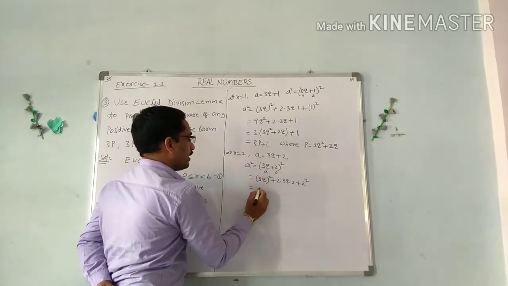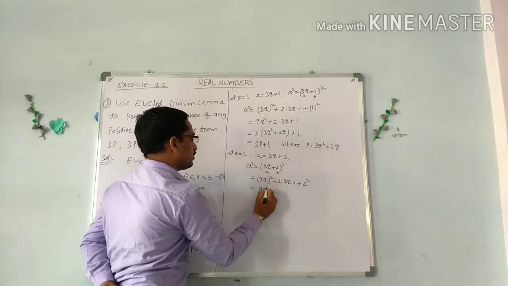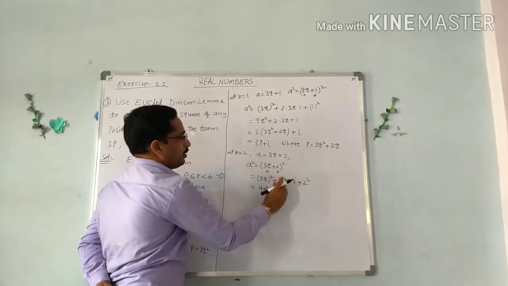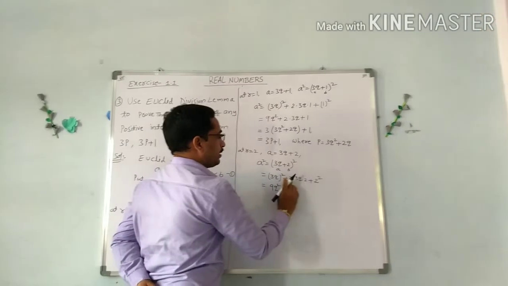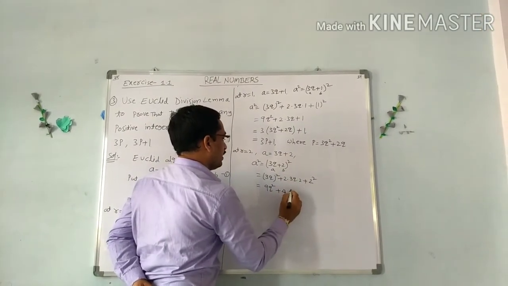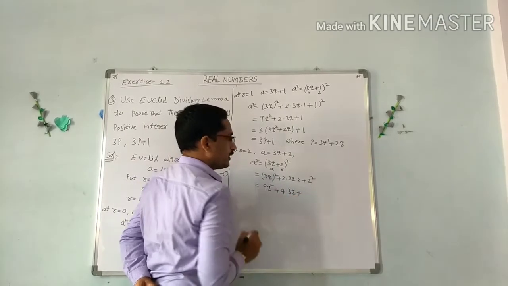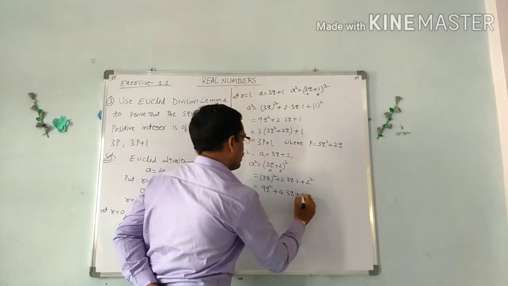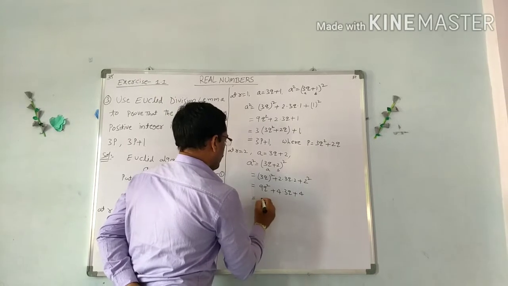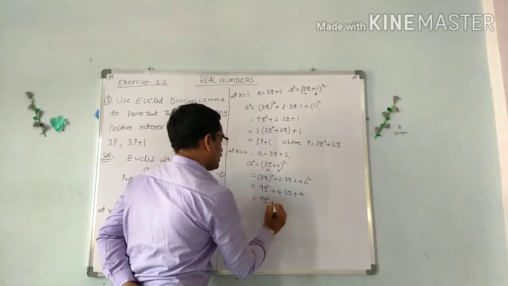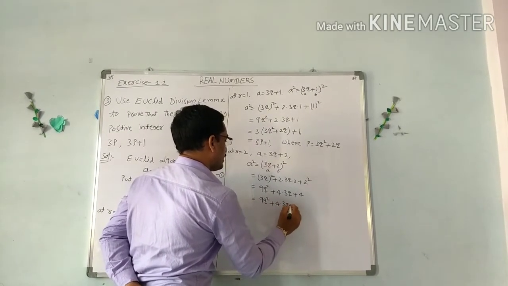Now 3 square value 9q square plus, put 3q as it is, multiply 2 into 2, 4 into 3q, plus 2 square value 4. Now 9q square as it is, 4 into 3q as it is.